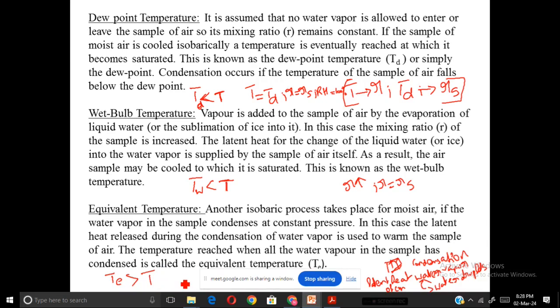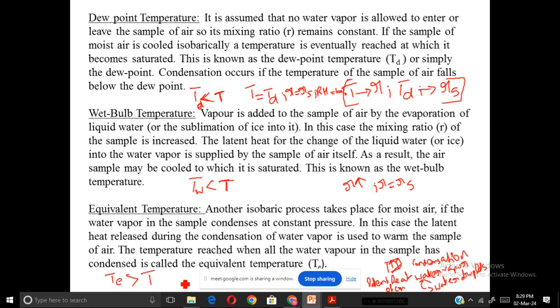The temperature that the parcel will reach when all the water vapor in the sample is condensed is known as equivalent temperature. We have an air parcel which is saturated, and when the parcel is saturated, condensation starts to begin. Consider that all the water vapor present in the parcel has undergone condensation and formed water droplets.